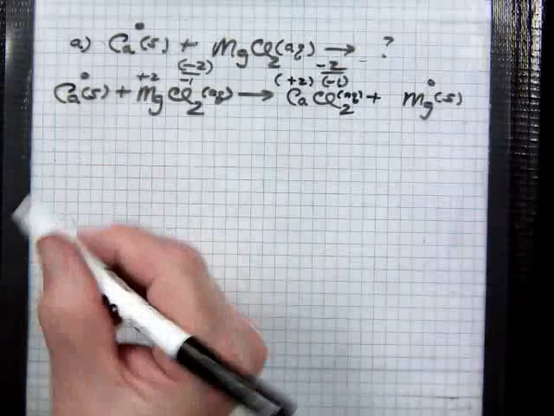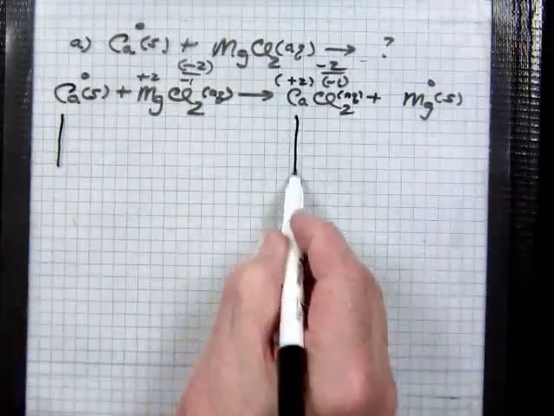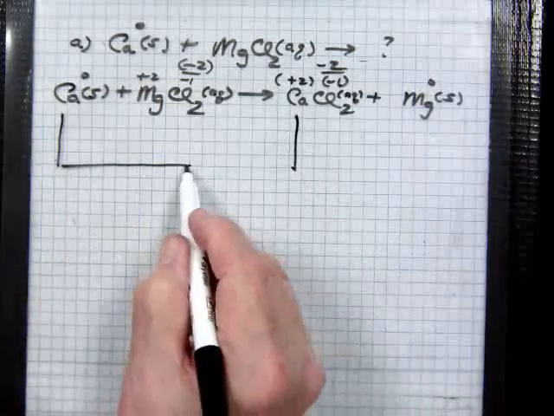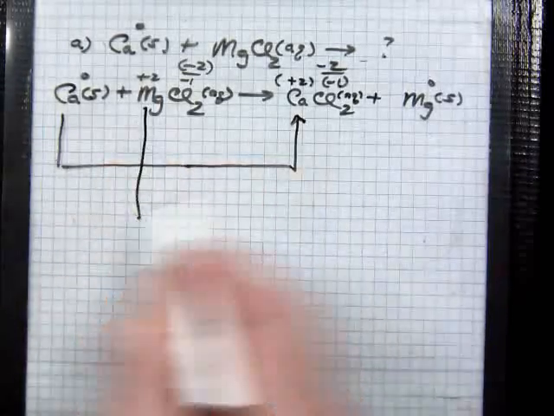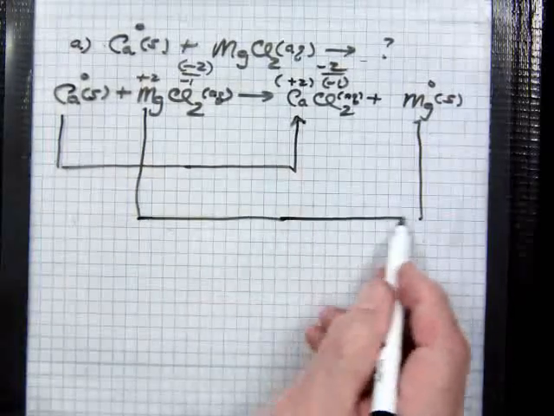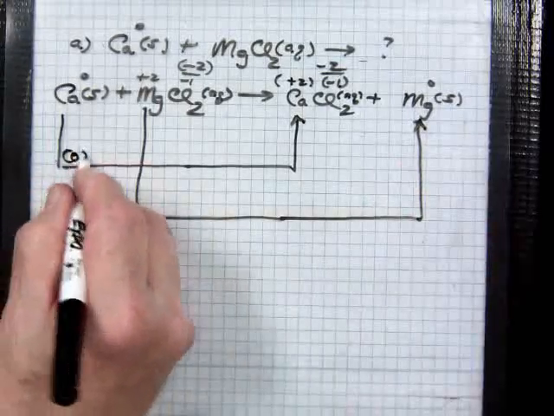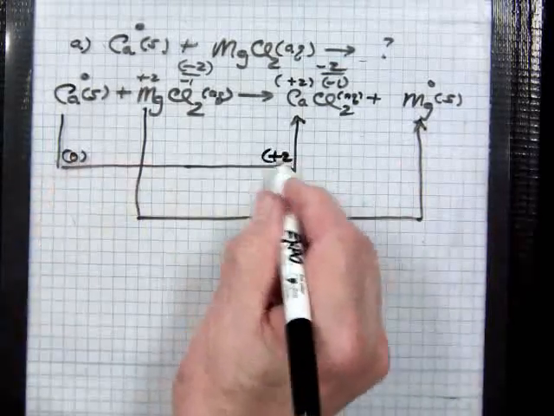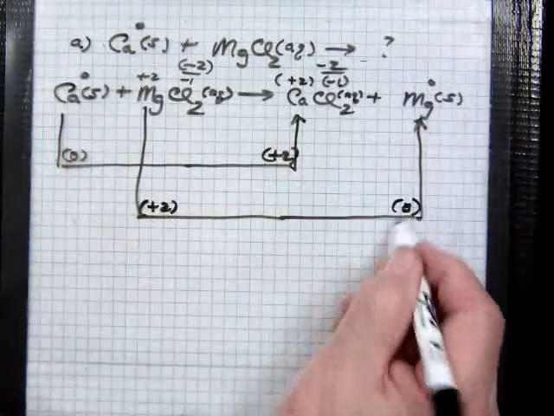Now, to find the oxidation reduction, calcium goes to calcium plus 2. And magnesium goes to magnesium, basic standard state, neutral. So we're at 0 going to a plus 2 here, and from a plus 2 to 0 here.